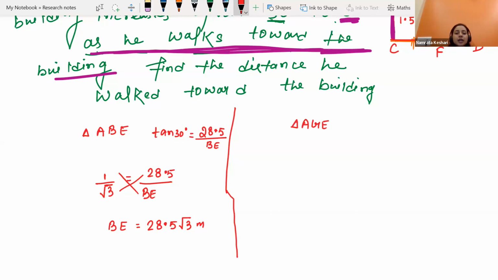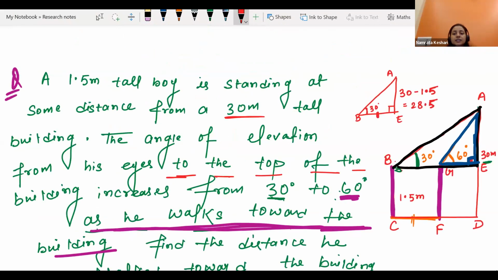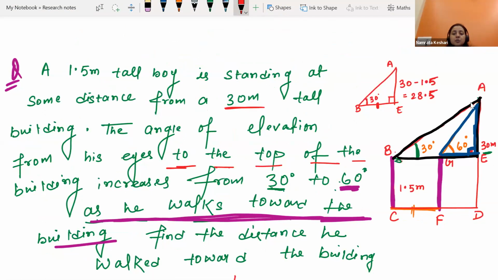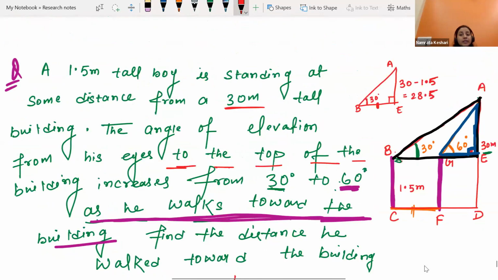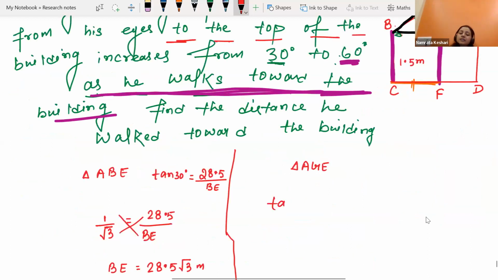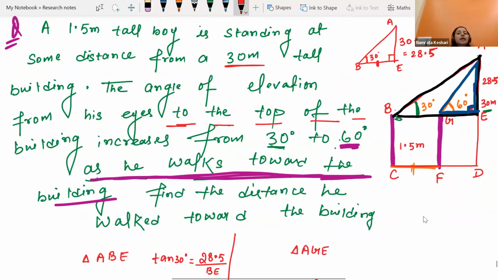Now we are having one more right angle triangle, that is AGE. This blue color smaller triangle AGE, where AE we already know is 28.5, and GE we can focus on finding. Let's do it again. Tan 60 degree is equal to, focus on this blue color triangle AGE.